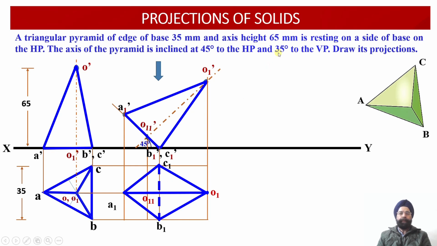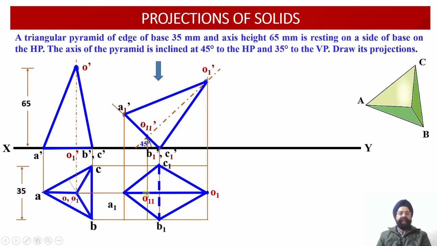But in the problem statement we have been provided with the information that the angle phi, the angle of inclination of the true length of the axis with the vertical plane, is 35 degrees. So angle phi is available to us, which is the angle of inclination of the true length of the axis with respect to the vertical plane.